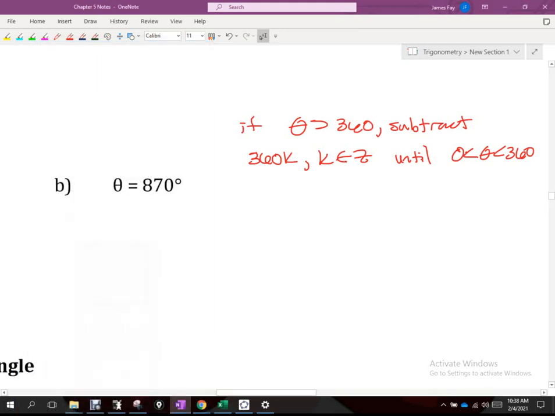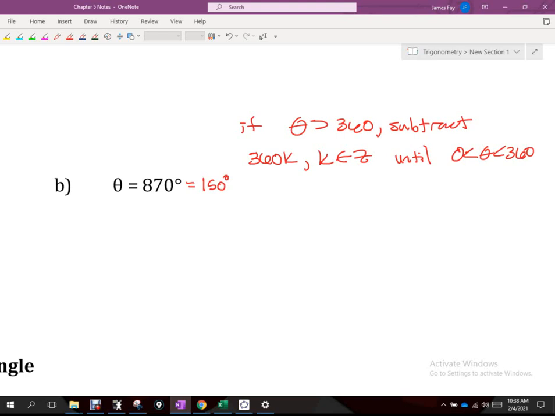Okay. So theta equaling 870 is coterminal with theta of 150. Okay. Now that's not my reference angle. That's just a coterminal angle with 870. Does that make sense? So this whole process is, don't like 870. Let's look at a number that is going to generate the same information, 150. But we don't like 150. So now we're going to find a reference angle that's going to generate everything we need to know about 150.